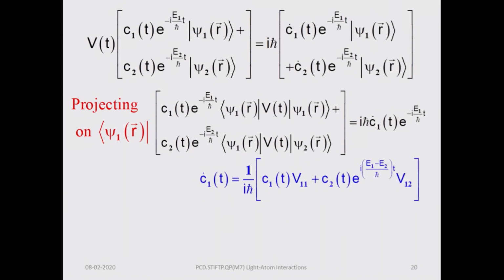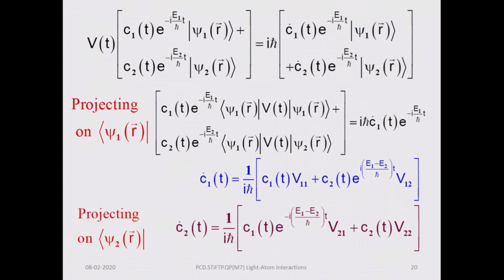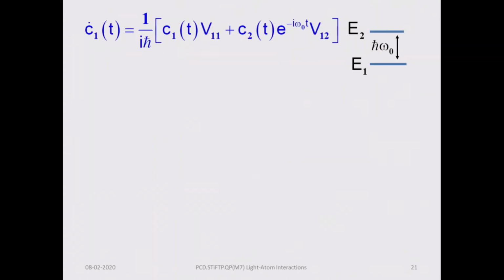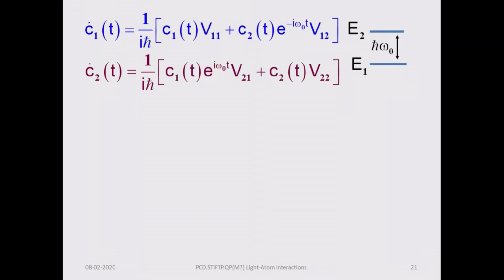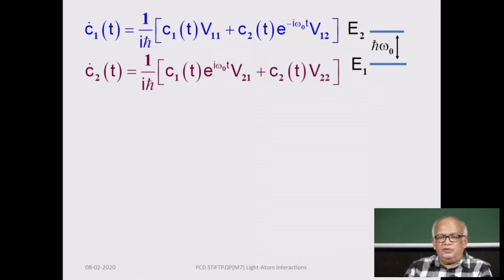So, once you write it down, you get the expression for the time dependence of the coefficient C1, and a similar relation you get by projecting that equation on psi 2 for the time dependence of C2. So, now let us look at these two relations.